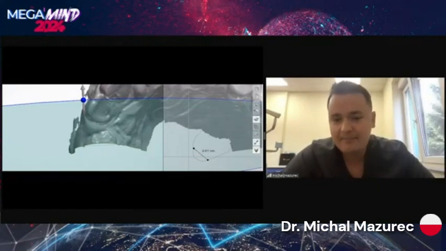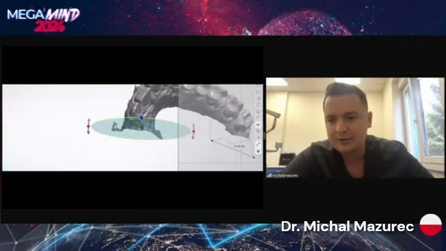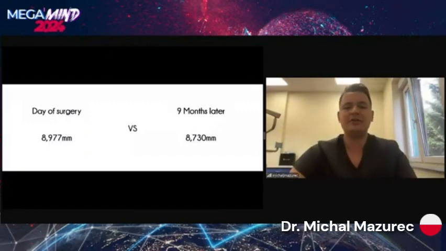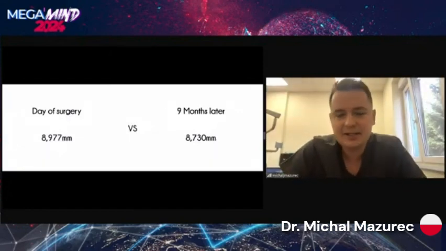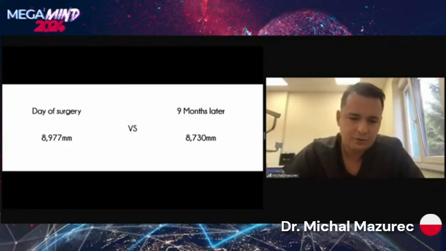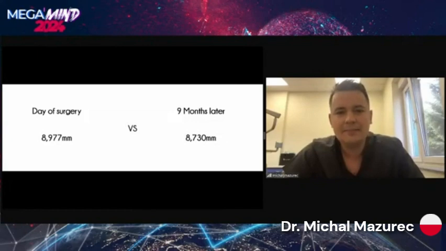I did the same in the last scan when we took the impression, and it's almost the same after 9 months of healing. So if I compare the day of the surgery and 9 months later, we have almost a 0.2 millimeter difference. Of course, there can be some wrong calculation or some kind of miss of the software.